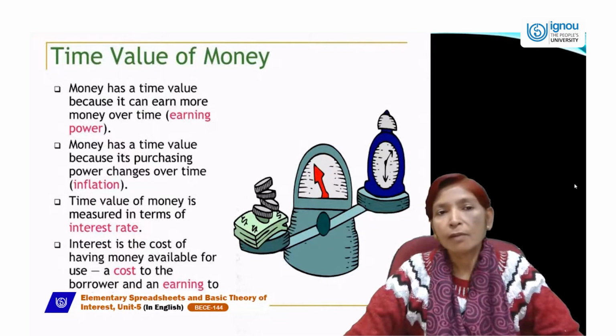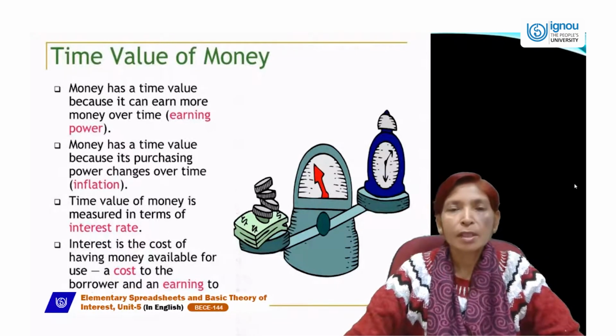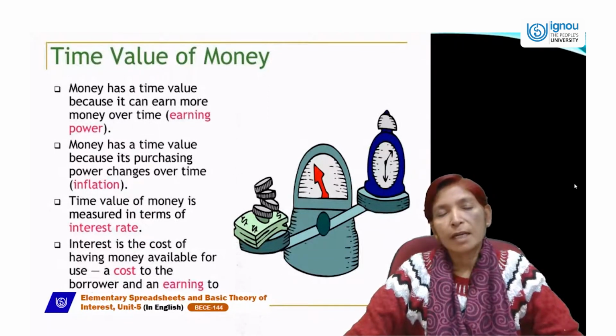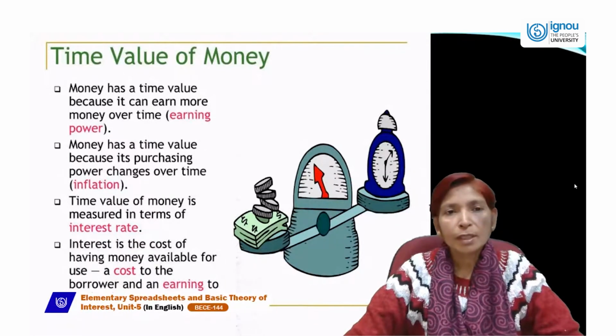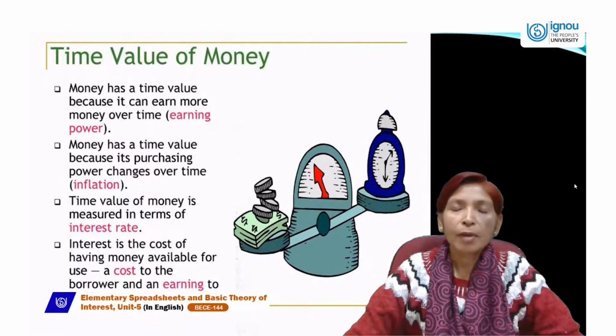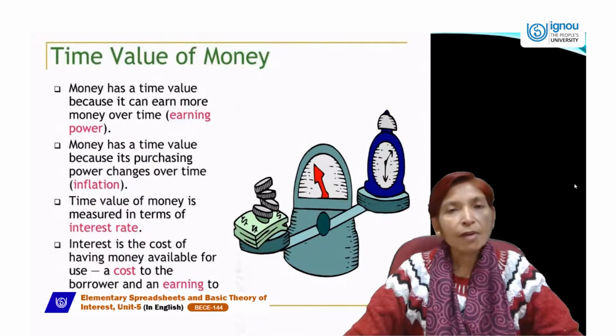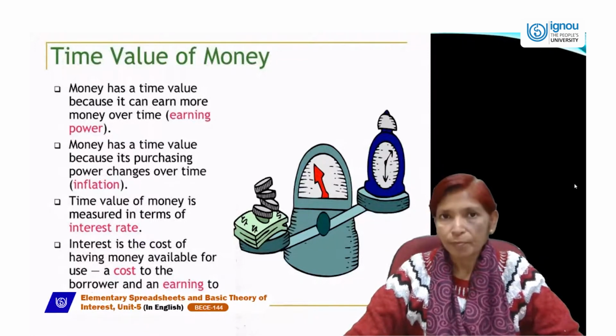Money has a time value because it can earn more money over time, and as time passes, when the supply of money increases, the value of money falls. Whenever the money supply increases, the value of money definitely falls.